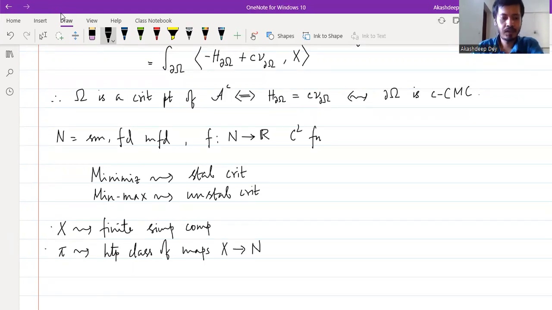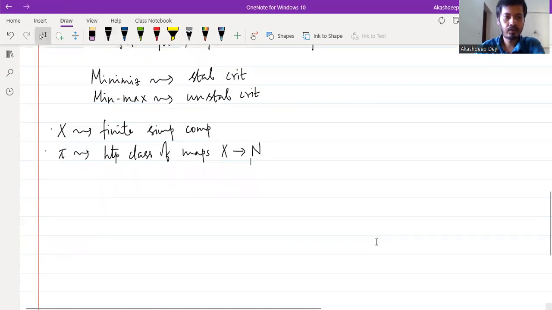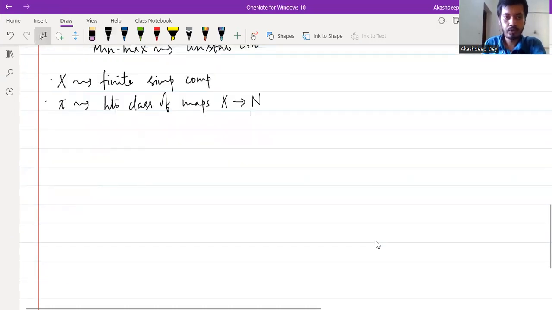Then the min-max number associated to the homotopy class Phi is defined as follows. We denote it by m(Phi).